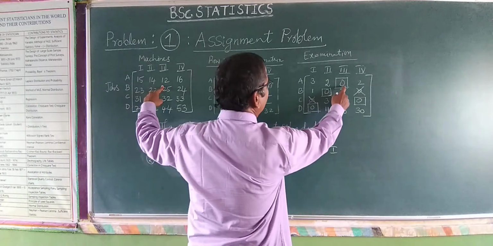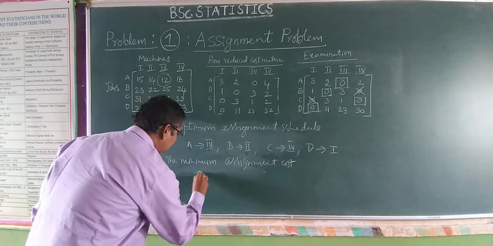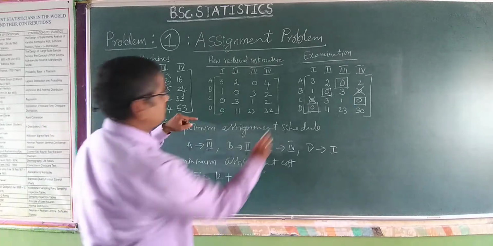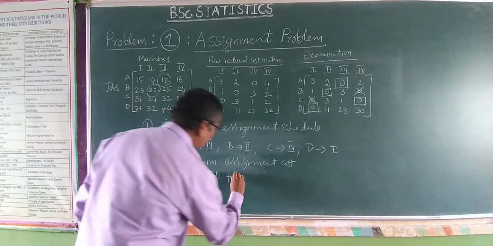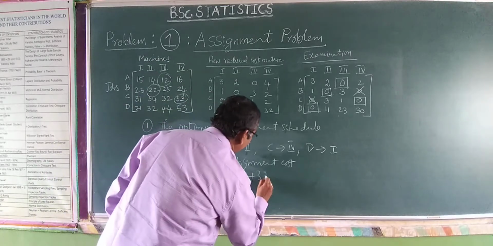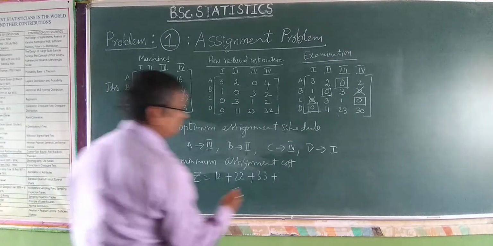So the cost you have to observe there. This is the assignment, 12 rupees. Z is equivalent to 12 plus this second one 22, and this is the fourth one 33, and here it is the first one 21.